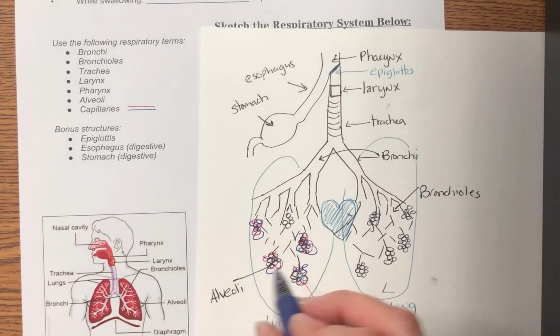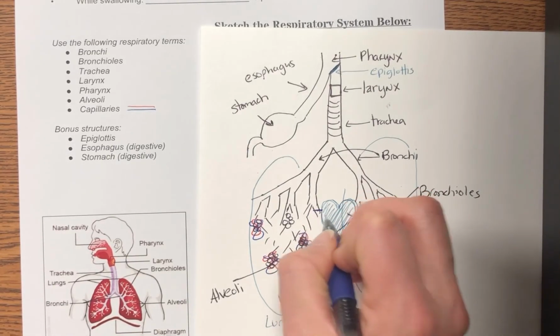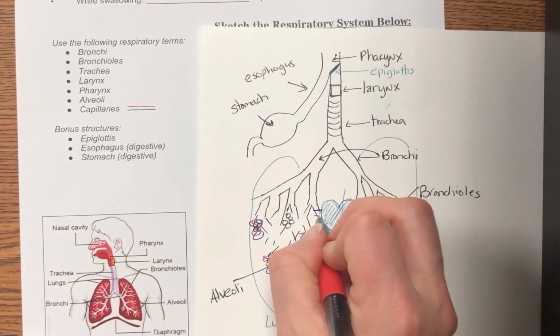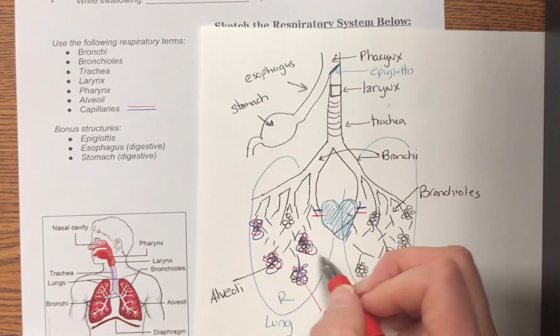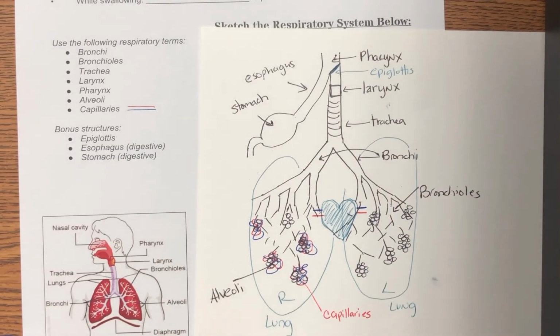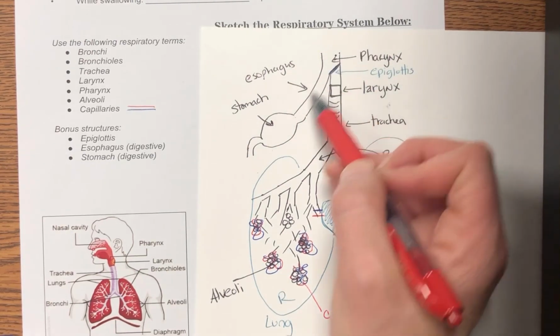And they surround the air sacs. So we know we have blood coming in and out of the heart on both sides. And so these vessels are going to connect back up with the heart. And that's our rough sketch of the respiratory system and the digestive system.